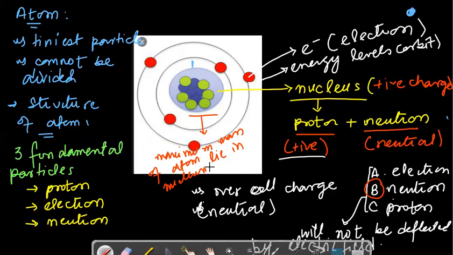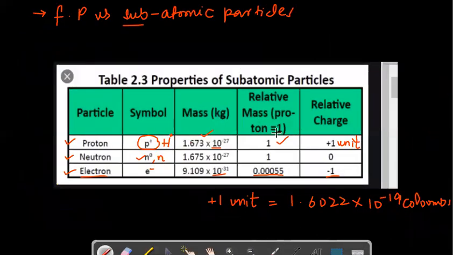But it still contains the maximum mass of the atom as it has protons and neutrons. And we have already seen in this slide that the proton is many times heavier than the electron. So that's why the maximum mass of the atom lies in the nucleus, although the nucleus is very tiny compared to the whole surface area which an atom occupies.